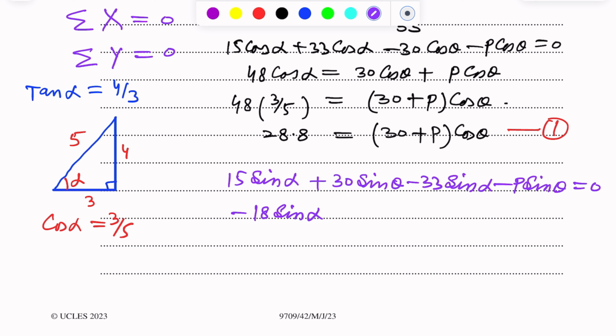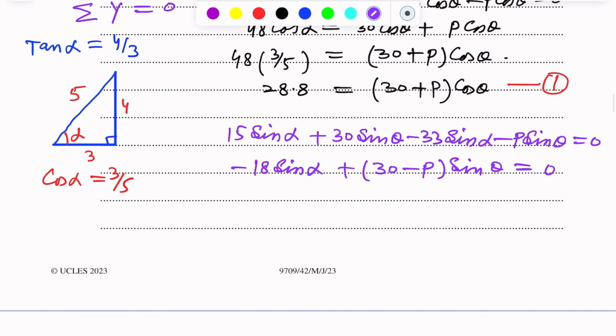We get 30 minus p sin theta is equal to 0. Now we can write it as 30 minus p sin theta is equal to 18 sin alpha.